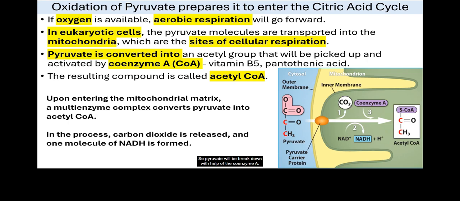Pyruvate will be broken down with the help of coenzyme A to acetyl-CoA. And during this conversion, CO2 will be produced and NAD will be reduced, become NADH, and will carry energy.